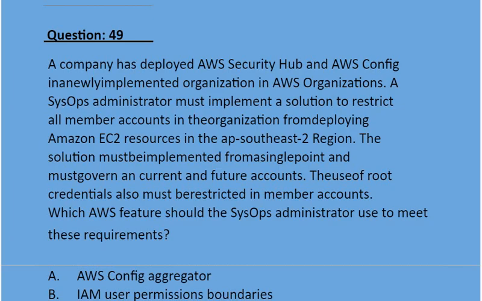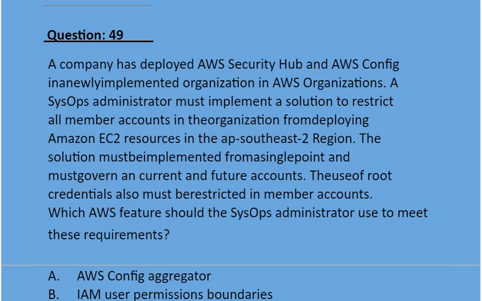Question: A company has deployed AWS Security Hub and AWS Config in a newly implemented organization in AWS Organizations. A SysOps administrator must implement a solution to restrict all member accounts in the organization from deploying Amazon EC2 resources in the ap-southeast-2 region.